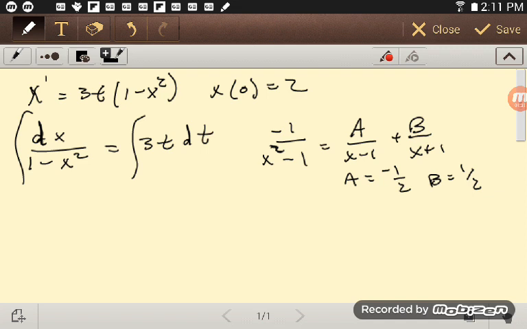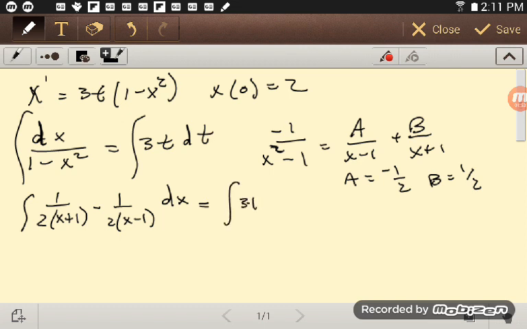And so what we have is the antiderivative of 1 over 2 times (x plus 1) minus 1 over 2 times (x minus 1) dx equals the antiderivative of 3t dt.